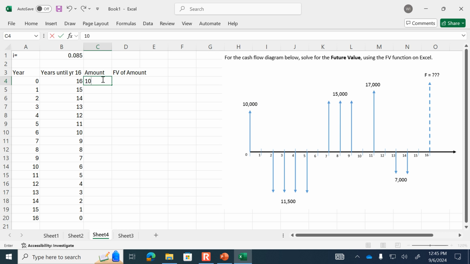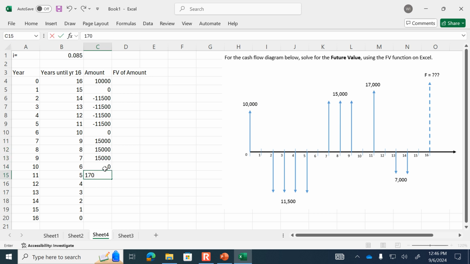And now I have to translate the cash flow diagram into a cash flow table. So do that, 10,000, 0, negative 11,500, repeated 4 times. Then nothing in year 6. Then 15,000 repeated 3 times. Then a nothing year.